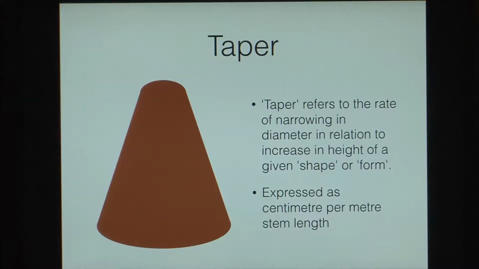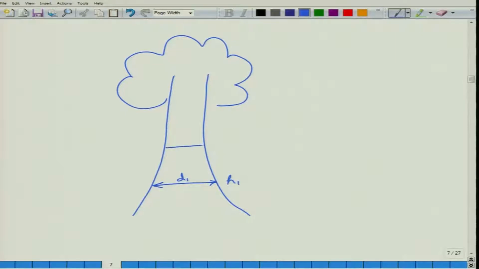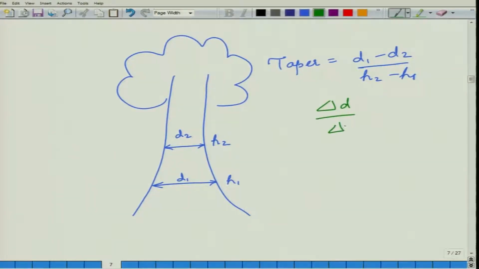So, basically in a tree, if you have the diameter equal to d1 at height h1 and the diameter equal to d2 at height h2, your taper is given by d1 minus d2 divided by h2 minus h1. So, essentially we are taking the difference of the diameters, it is delta d divided by delta h.